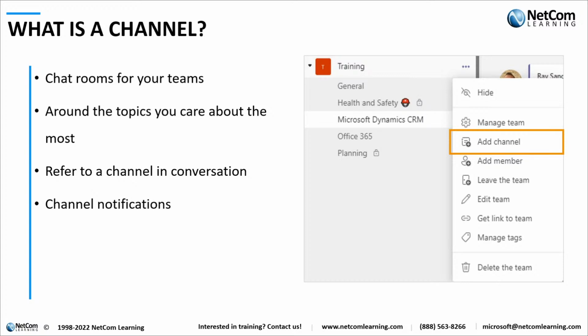And for each and every channel, a separate email ID is also going to be created. What's the benefit of this email ID? Let's say I am not in office and I cannot access Teams because of some network issues or hardware issues. But I really want to share an email within my channel.